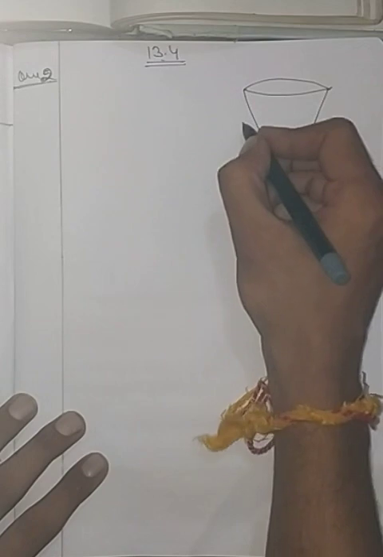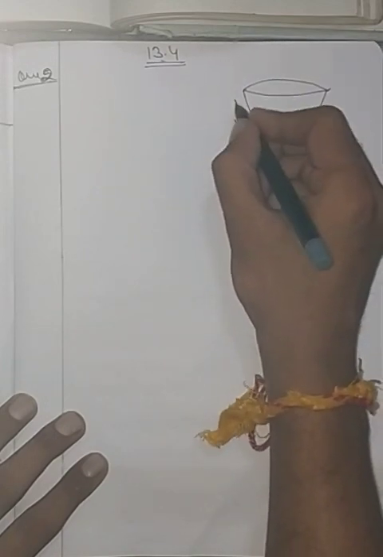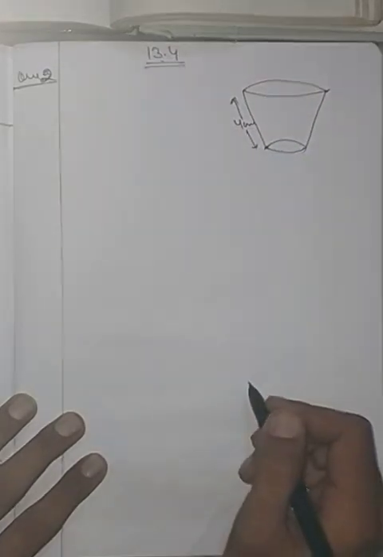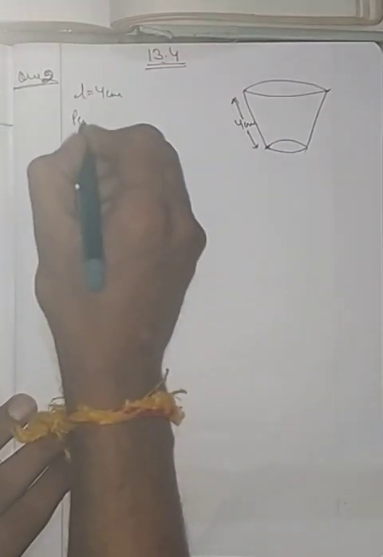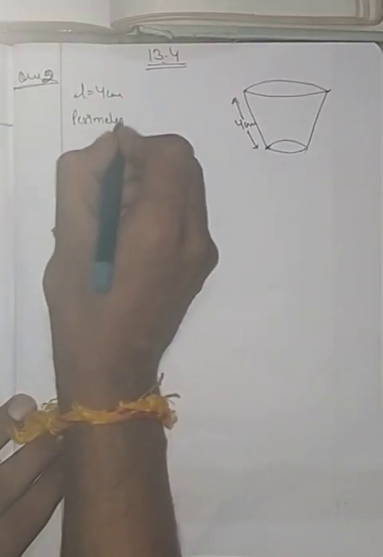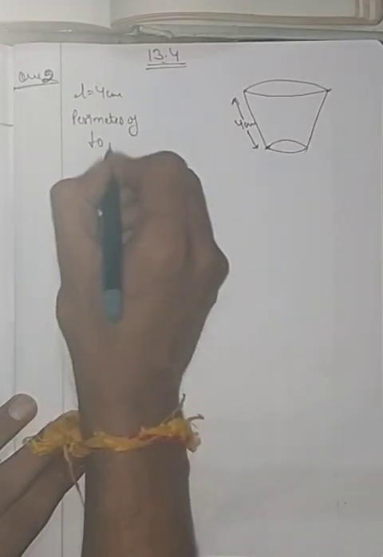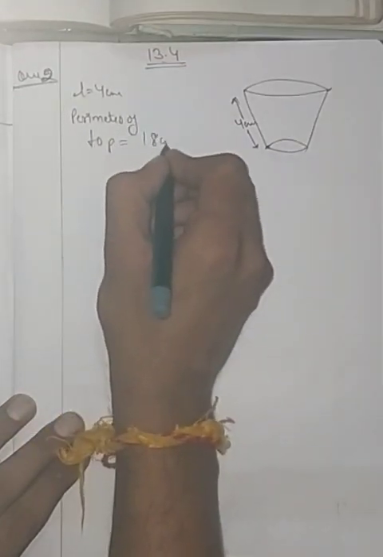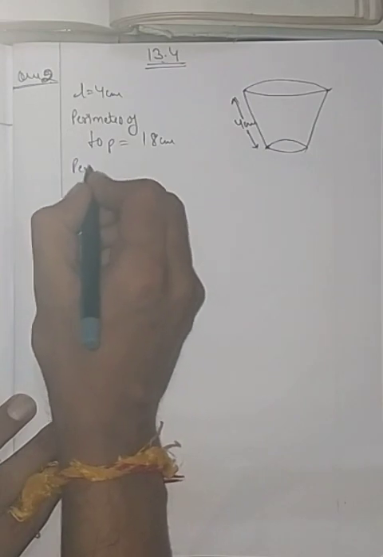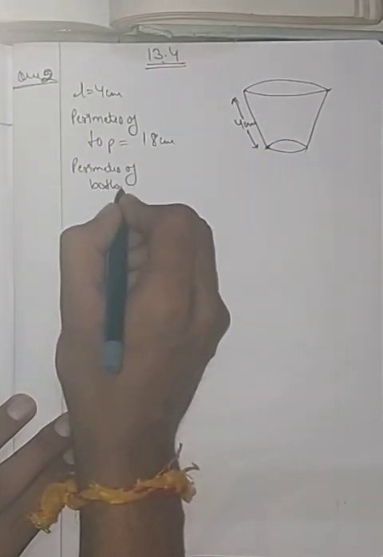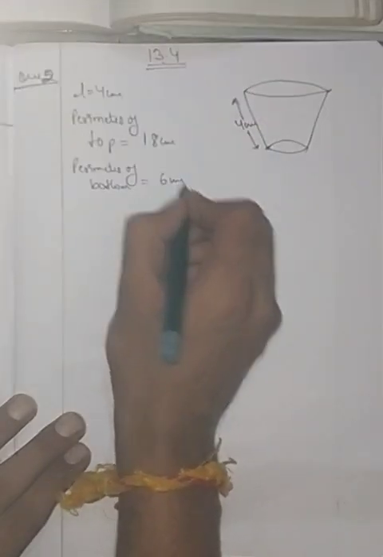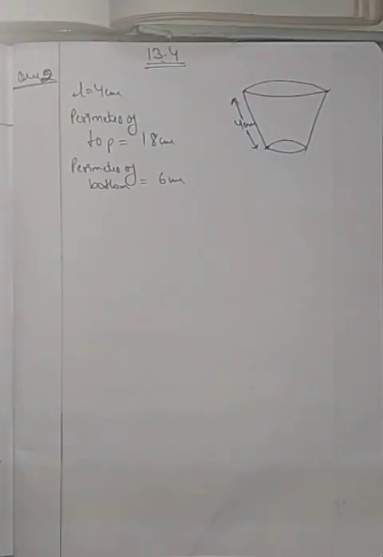The slant height, L, is given 4 cm. And the perimeter of top is given 18 cm. And perimeter of bottom is given 6 cm. We need to find the curved surface area.